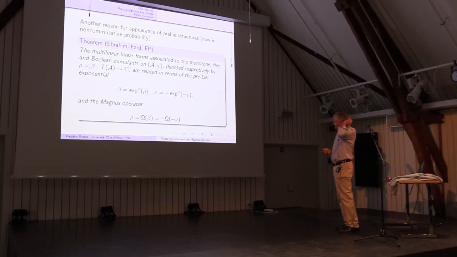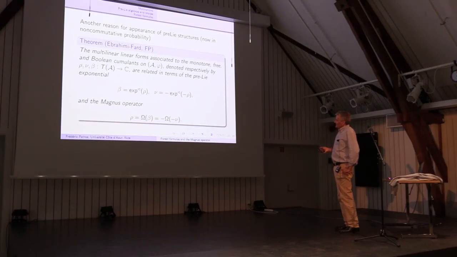And there's another appearance of Pre-Lie theory in connection to what I explained at the beginning, which is related to the fact that Pre-Lie structures also appear in free probability. So these are results we obtained with Kurusch Ebrahimi-Fard some years ago.